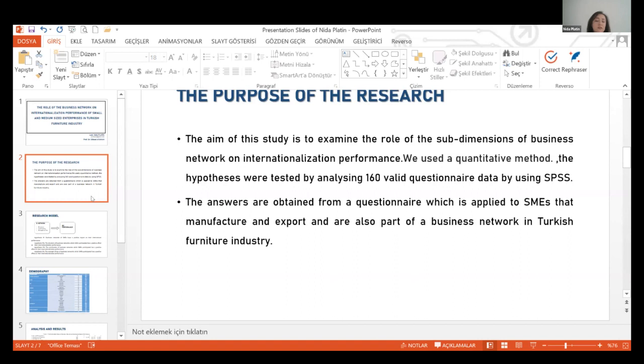The participants answered again with a 5-point Likert type scale, from strongly disagree to strongly agree.